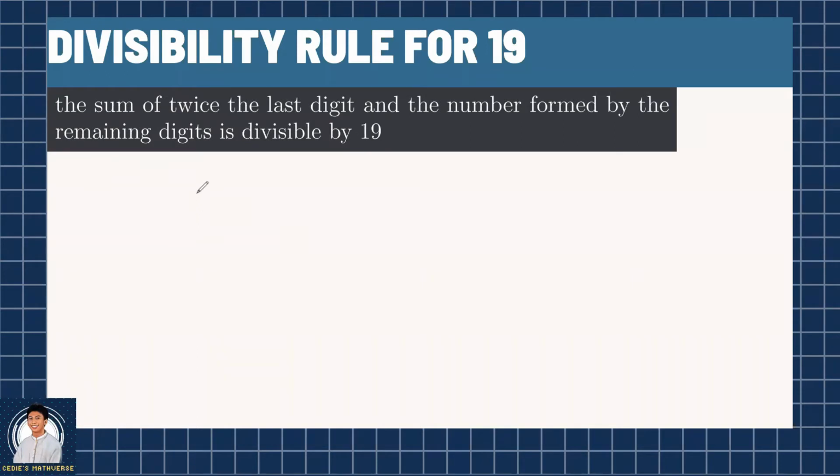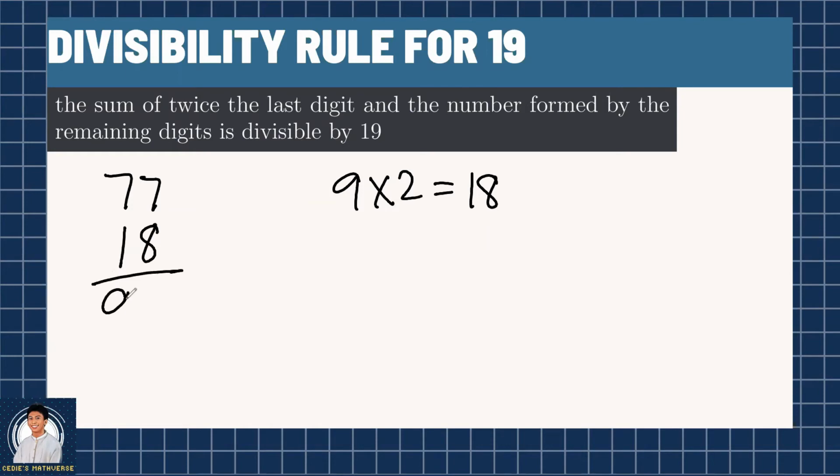Now, for the divisibility rule for 19, the sum of twice the last digit and the number formed by the remaining digits is divisible by 19. One example is 779. We omit the last digit 9, and then multiply it by 2. 9 times 2 equals 18, then 77 plus 18 equals 95. 95 is 5 times 19, which is clearly divisible by 19.